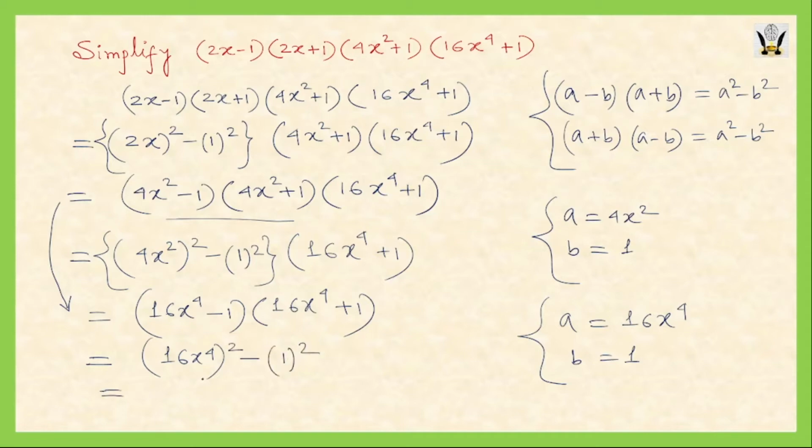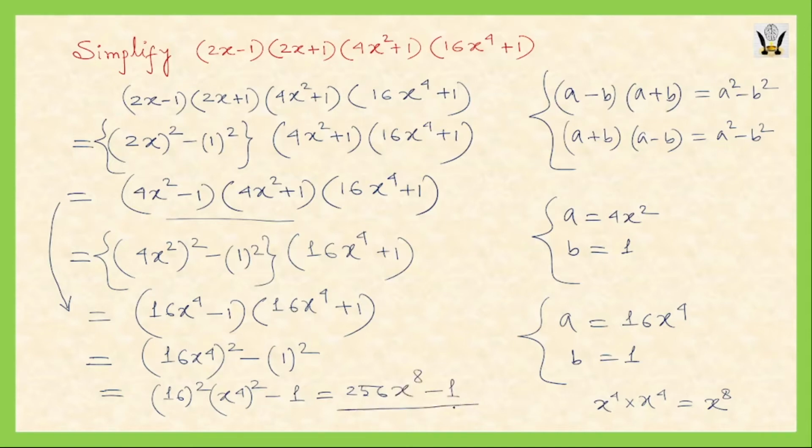Now 16x to the power 4 whole square, we can think separately this way: 16 square and x to the power 4 square, and then minus 1. Now 16 square will be 256, and here it will be x to the power 4 multiplied by x to the power 4. Since we already have knowledge of powers and exponents, the powers will be added. So 4 plus 4 is 8. So it will be 256 x to the power 8 minus 1.